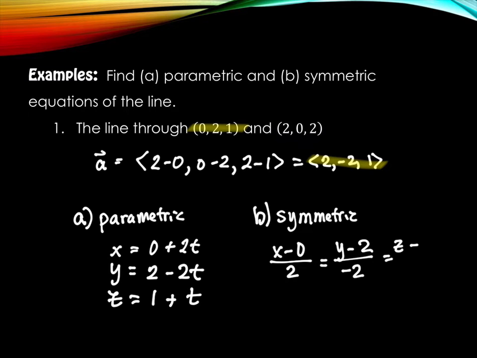And then z minus the z value, which is 1, divided by the direction value, which is 1. And these are two different forms for this line. Okay, straightforward enough? Just an application of a definition.